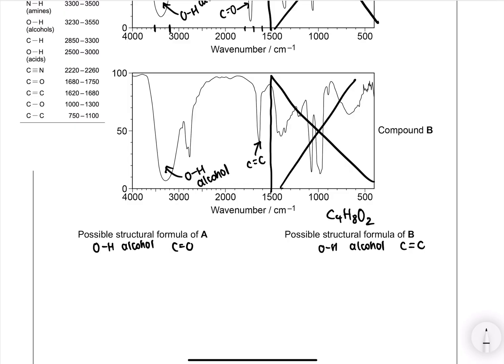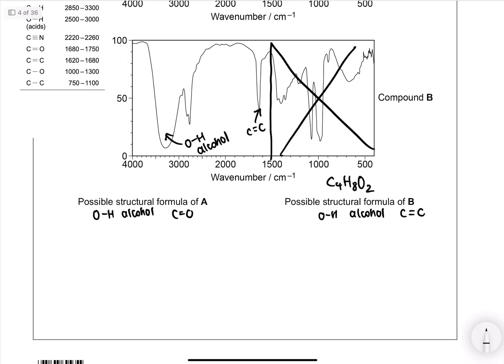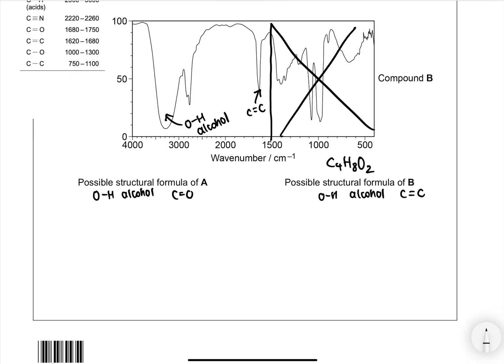Okay, so the formula shows that there's a double bond somewhere, and in our structure A we know that we have a C double bond O. So we need any structure that contains a C double bond O and an OH, but that is not a carboxylic acid.